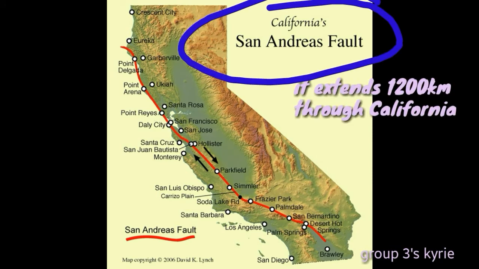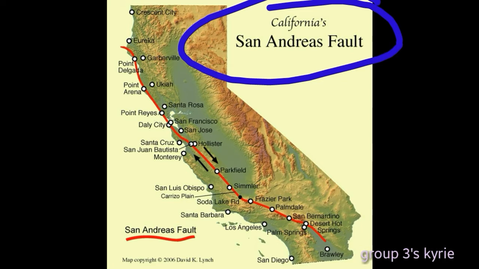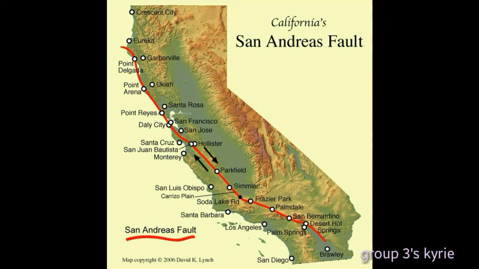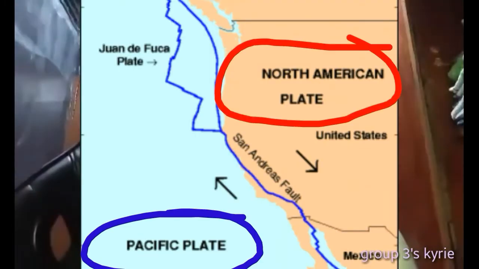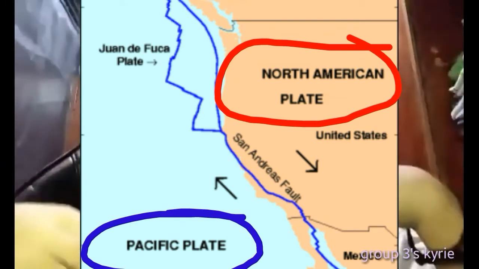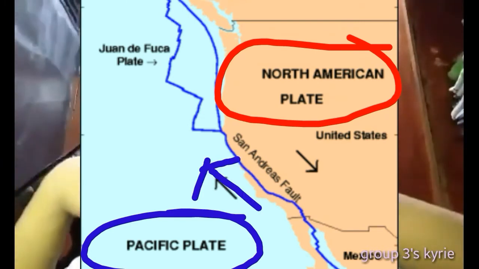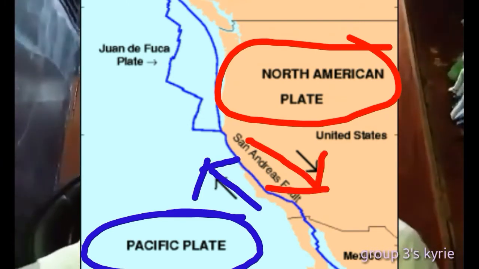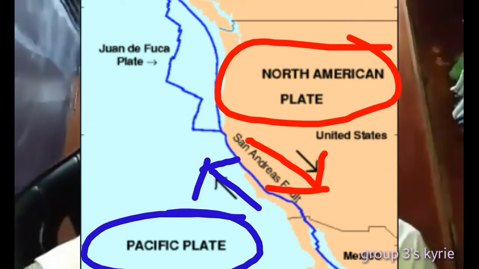Si San Andreas Fault, located siya sa California. It forms the tectonic boundary between the Pacific Plate and the North American Plate. Gaya na sinabi ko kanina, yung Pacific Plate sa North American Plate, nagganito sila. And its motion is right lateral strikes.